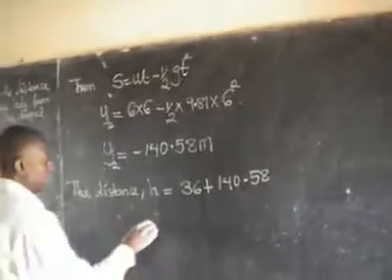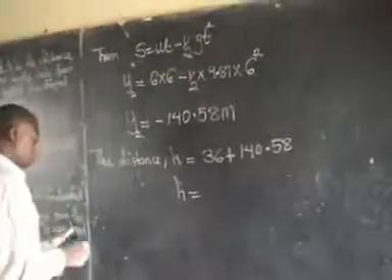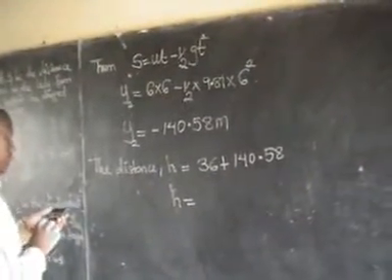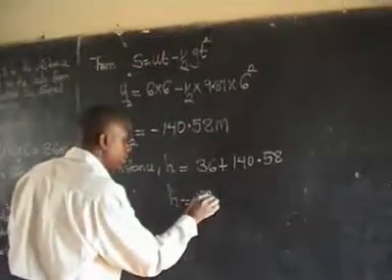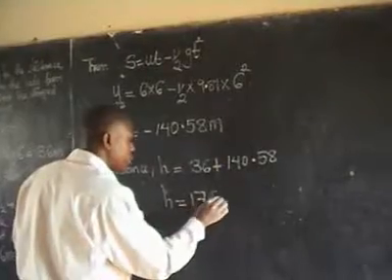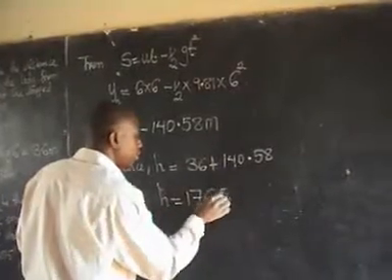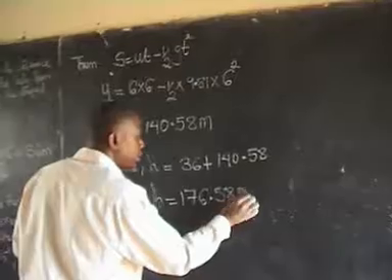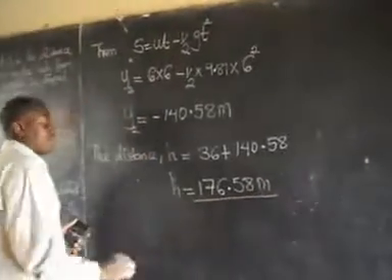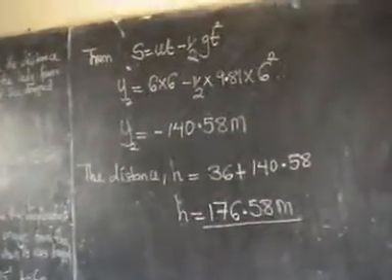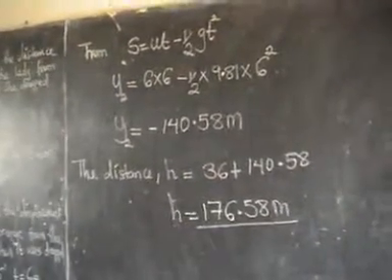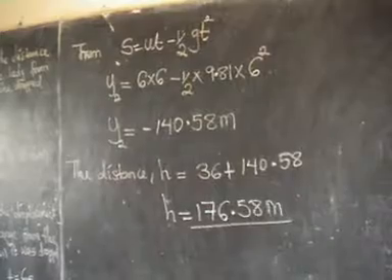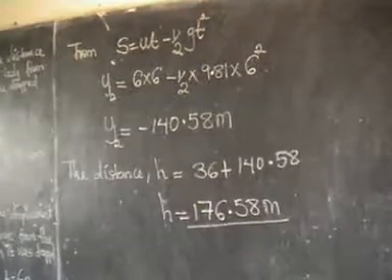So you will get h is equal to 176.580 meters. Remember, the negative is just an indicator that the body is below its point of projection.